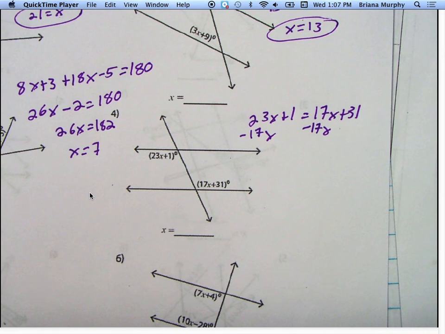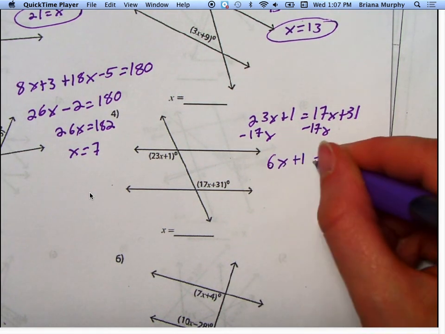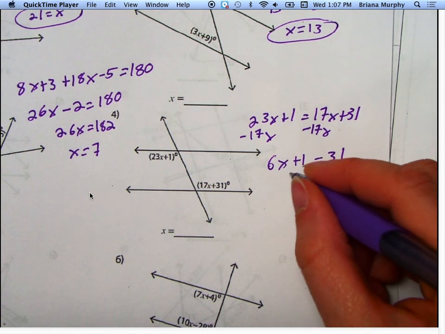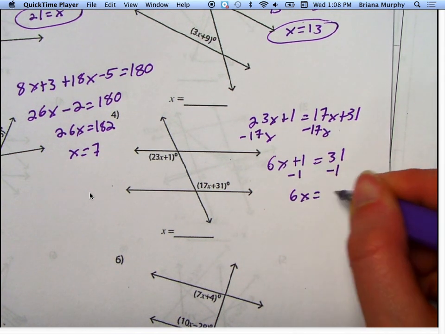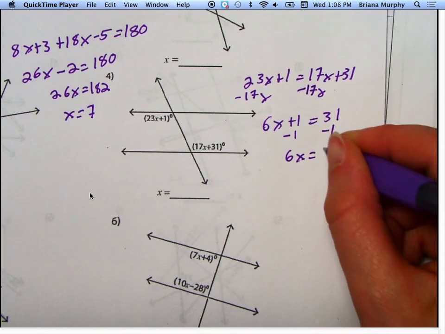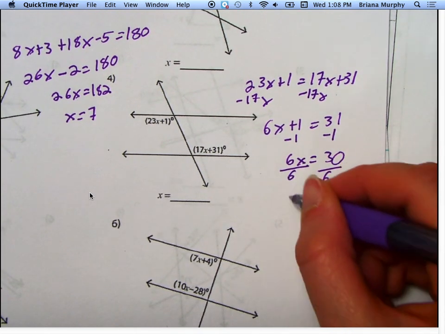What do I get, guys? What's 23 minus 17? 6x plus 1 equals 31. Subtract 1 from both sides. 6x equals 30. Divide both sides by 6, and what does x equal? 5.